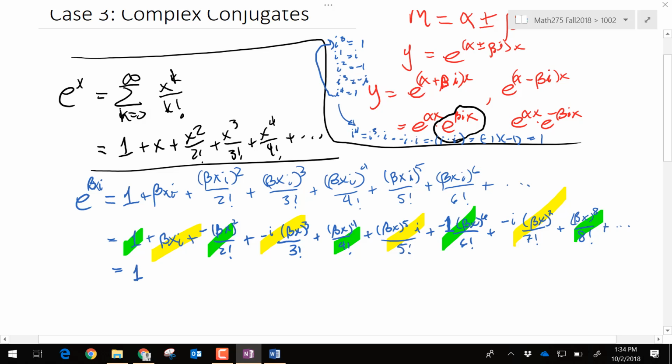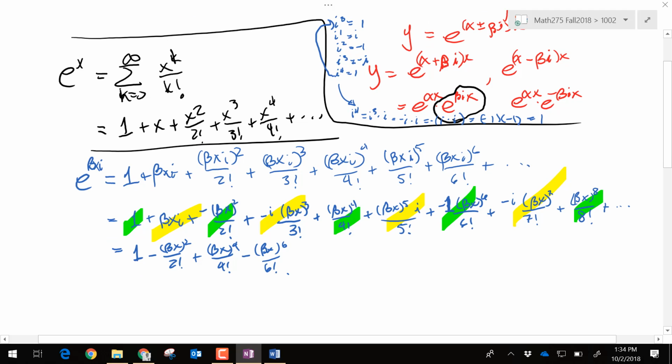So I'll go here with 1 minus beta x squared over 2 factorial plus beta x to the 4th over 4 factorial minus beta x to the 6th over 6 factorial plus beta x to the 8th over 8 factorial. Do you see a pattern? What do you think is next? So plus or minus? Minus beta x to the 10 over 10 factorial. All right, so we got the pattern for this one.